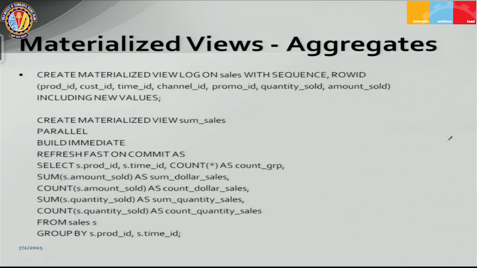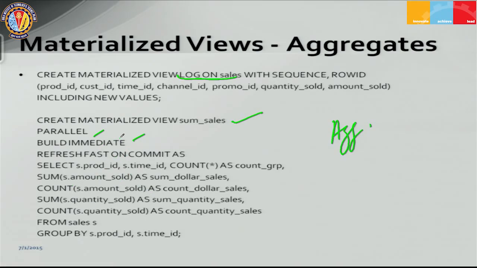Now if you look at the definition, here I've created the log, and then I have created a materialized view sum sales, which is containing only aggregates. Parallel, so if there is a parallel architecture, I can do that. Build immediate means this materialized view will be built as soon as this query is executed, right?